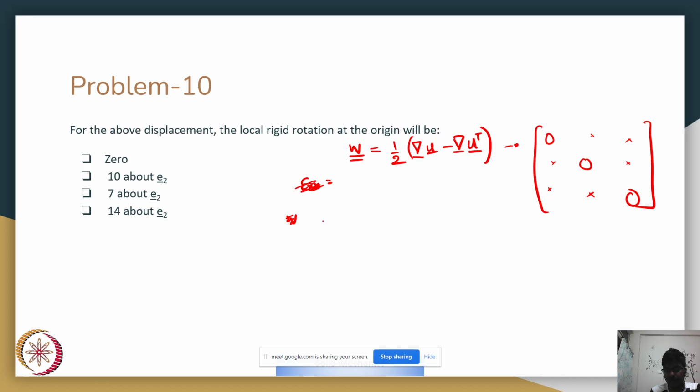The off diagonal components are half of dou ux by dou y minus dou uy by dou x. Okay, this is getting congested, one second.